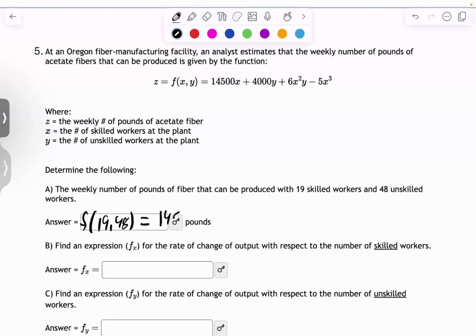It's going to be 14,500 times 19 plus 4,000 times 48 plus 6 times 19 squared times y, which is 48, minus 5 times 19 cubed.